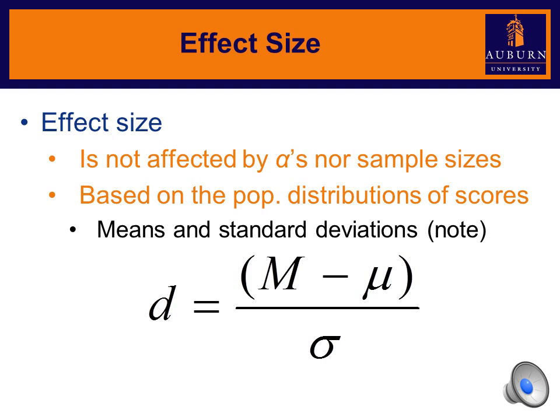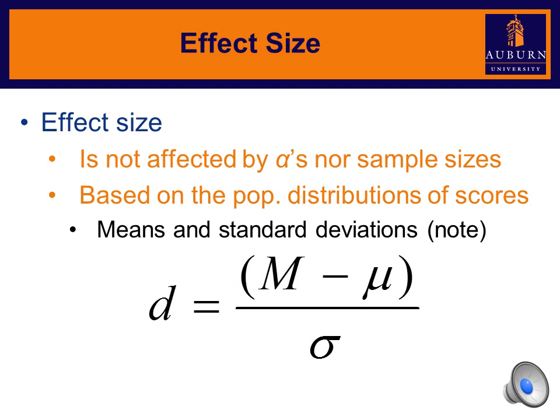Because it's not affected by the sample size, the effect size is based in a population distribution of scores. When we say a distribution of scores, we're talking about a distribution made up of individual employees. So no longer groups, no longer samples, no longer means of groups, but rather the individual scores for each one of the employees' performance level.